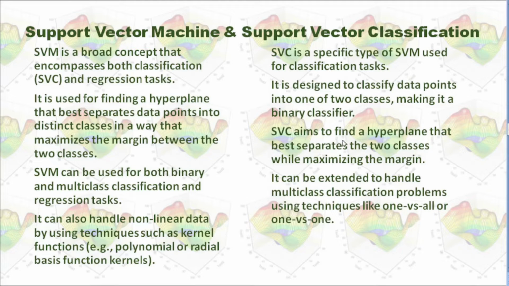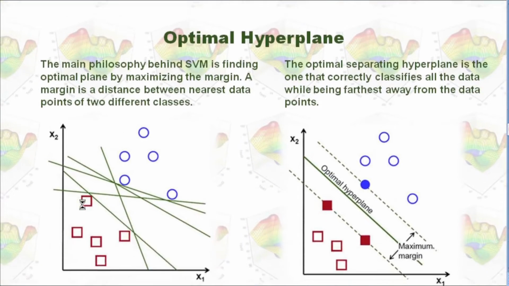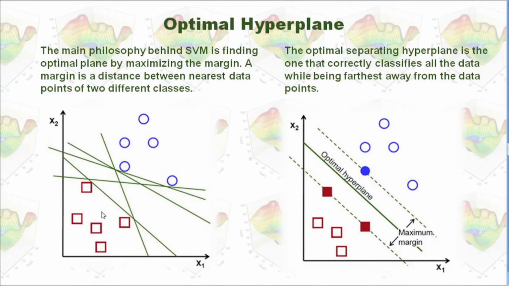SVC aims to find a hyperplane that best separates the 2 classes while maximizing the margin. Let's take a look at this example. We have 2 classes of data points here. One class is circle, another class is square.